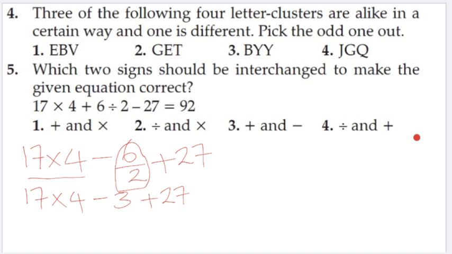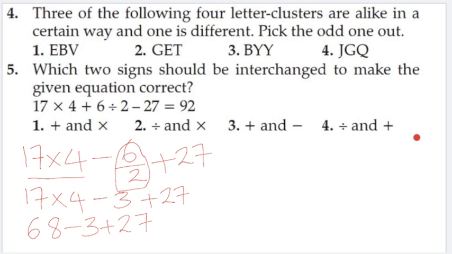So 68 minus 3 and plus 27. So obviously this will give us the answer, that is 92.